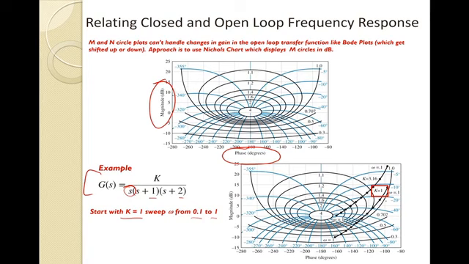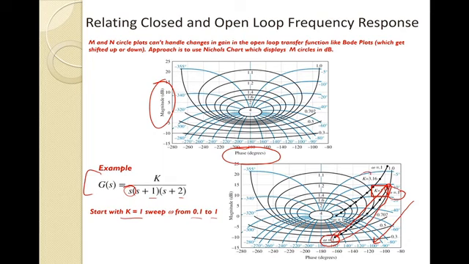First I have this K equals 1 curve, which is shown here in black. I start up here at this point at omega equals 0.1, and I'm going down to this point here, which is omega equals 1. So I'm sweeping. Frequency increasing is going downward, and you'll see all those little dots along the line there.